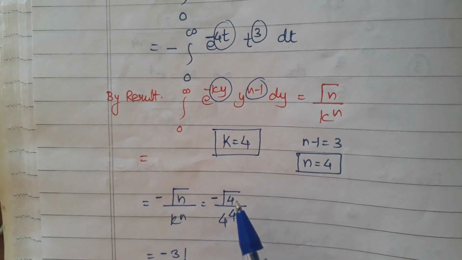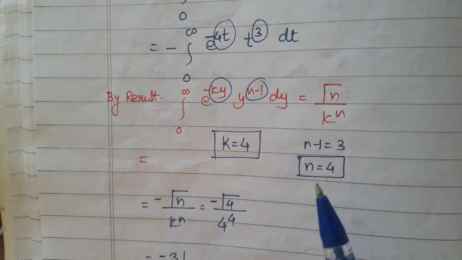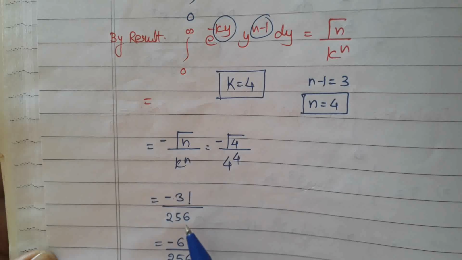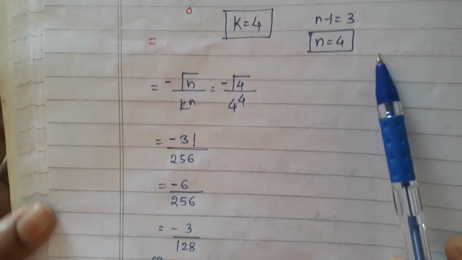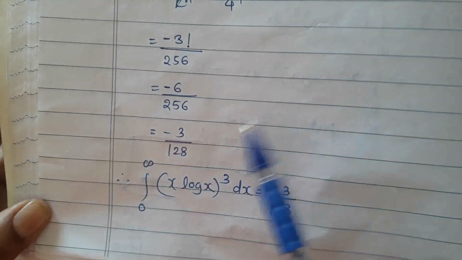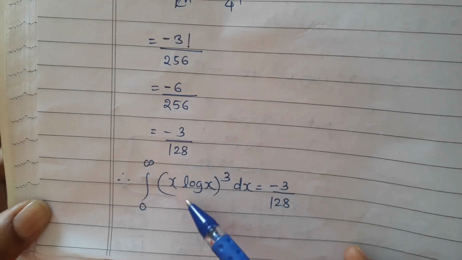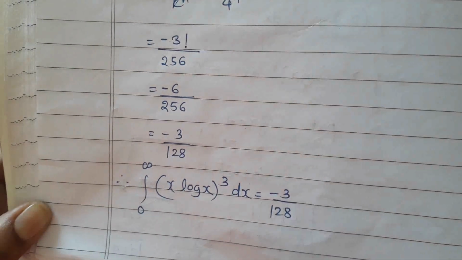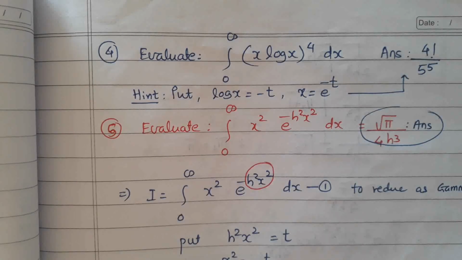Gamma 4 by using properties of the gamma function is 3 factorial. This is equal to minus 3 factorial upon 256. So the final answer, by cancelling some common terms, is minus 3 upon 128. Therefore integral 0 to infinity x log x cube dx is equal to minus 3 upon 128.